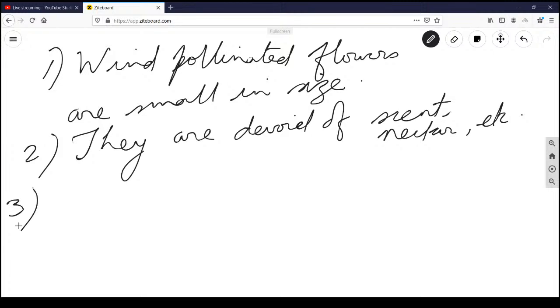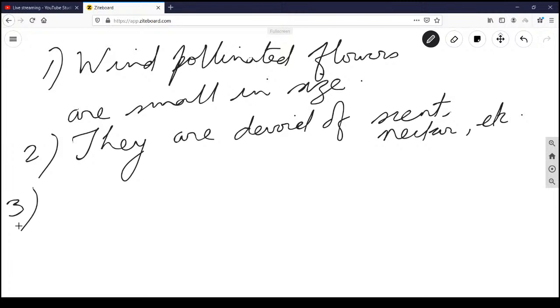One more thing: if you are directly dependent on wind, you need to be very witty. Witty in the sense that you need to produce a lot of pollen, so that the chances increase rapidly.